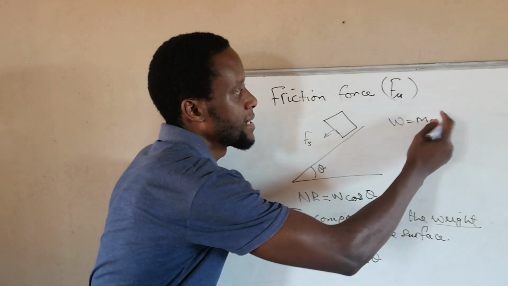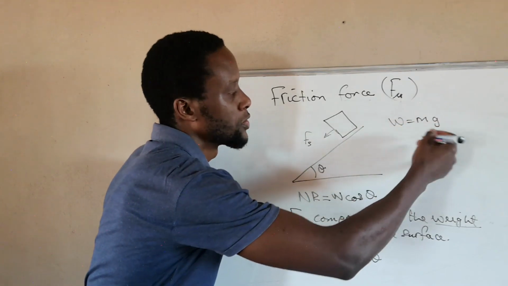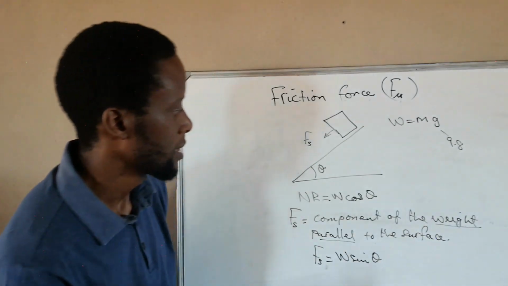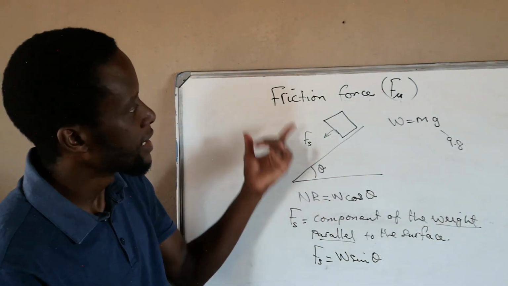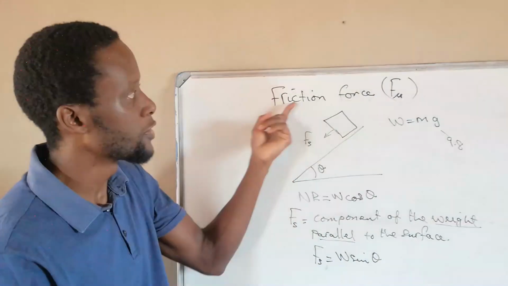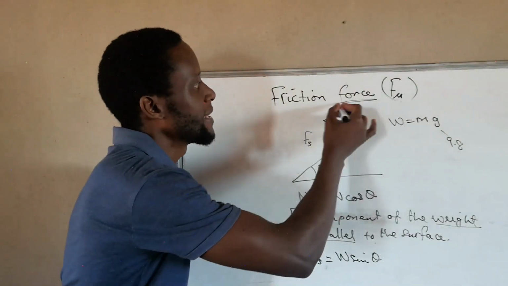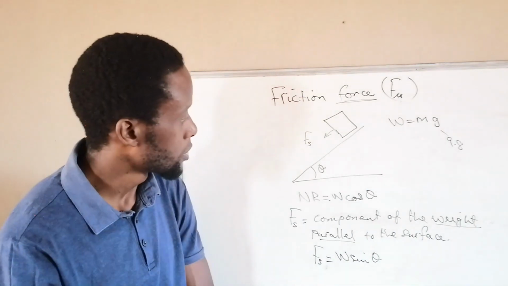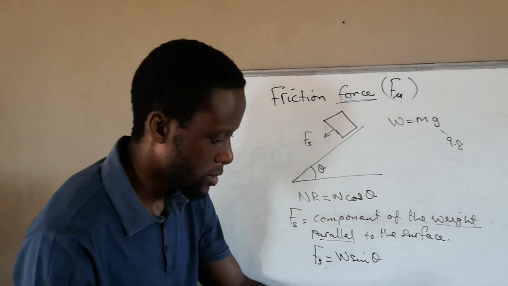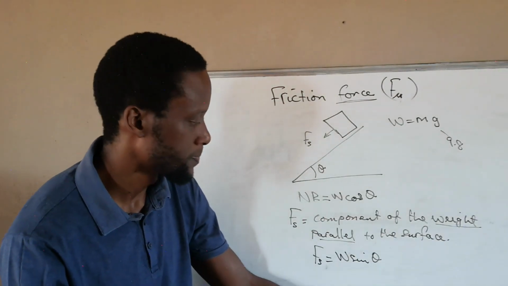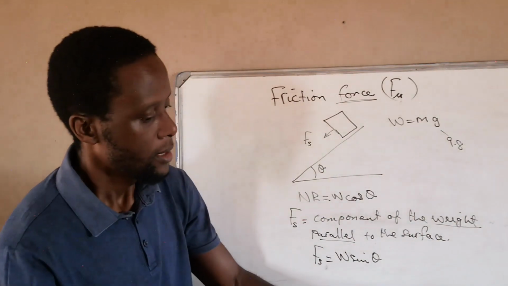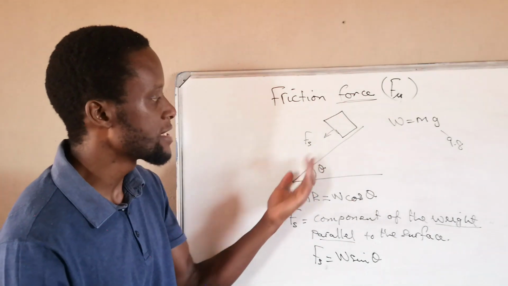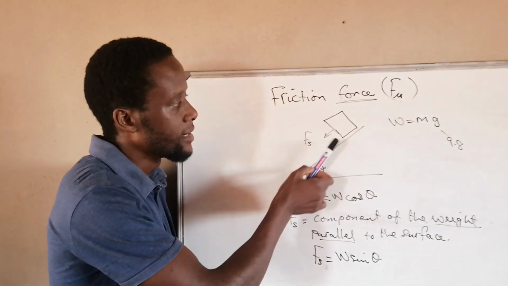You just multiply the mass times the acceleration due to gravity, which is 9.8. Whatever we use in our calculations, remember we are looking at force, so everything we calculate under this topic will be in newtons, the unit for force.